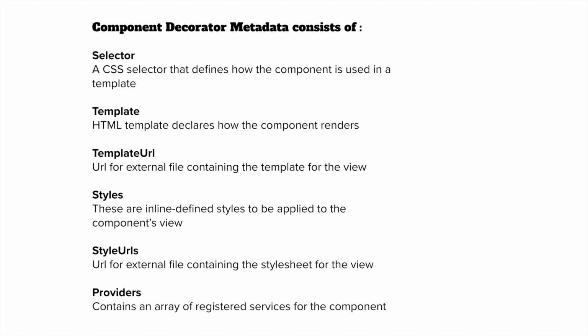Then you have the styles, which are inline or external files, and we have the providers. Providers basically contain an array of registered services for that component. All of the services that the component is going to use, you will find them in the component decorator or metadata.